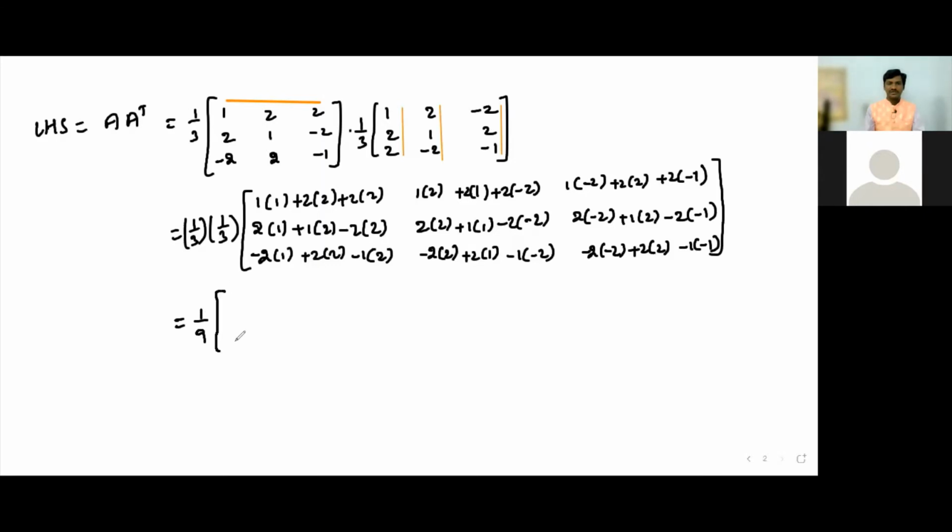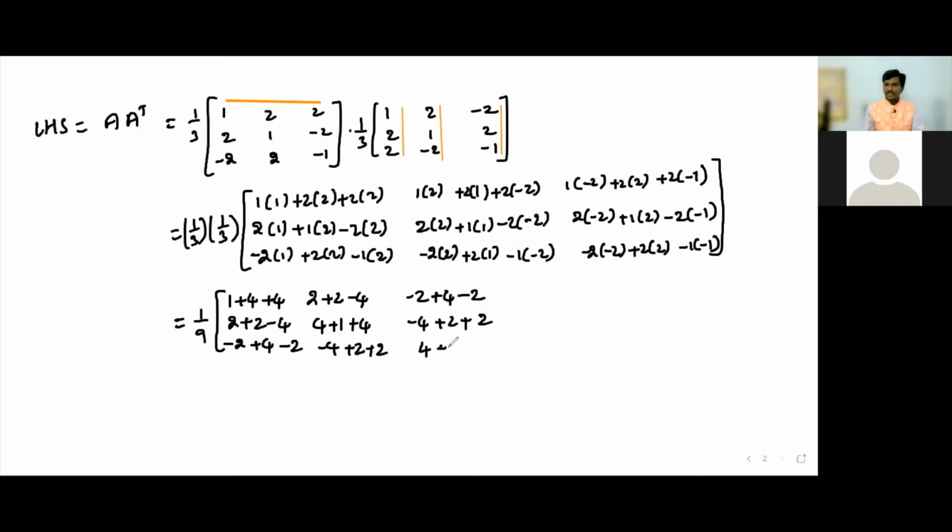So 1 by 9 is outside, 1 into 1 is 1, 2 into 2 is 4, plus 4, and 1 into 2 is 2, plus 2 into 1 is 2, and minus 2 into 2 is minus 4, and here it is minus 2, and 2 into 2 is 4, and so on, 4 plus 2 plus 2 and plus 4 plus 4 plus 1.